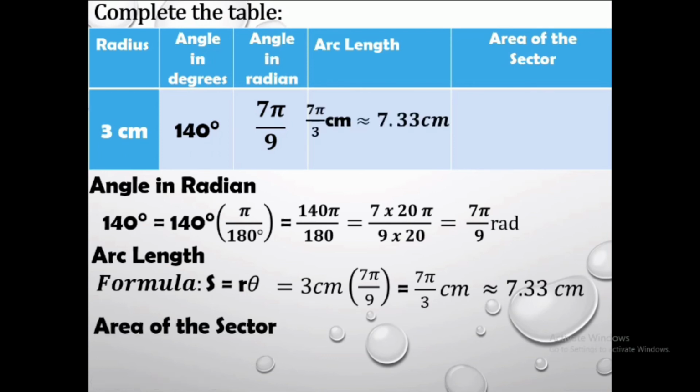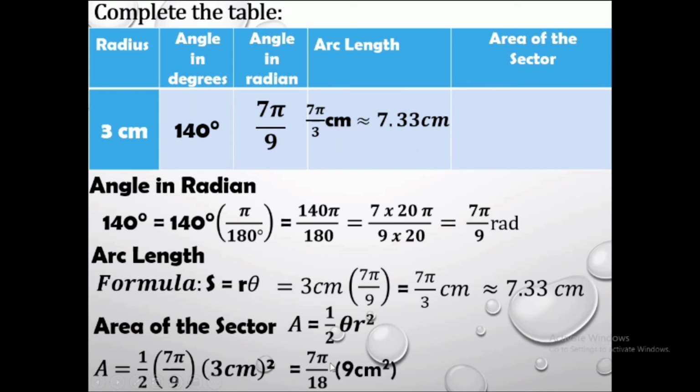For the area of the sector, we are going to apply the formula, which is A equals 1/2 times theta times the radius squared. To substitute the values, we have 1/2 times 7 pi over 9 times 3 cm squared.